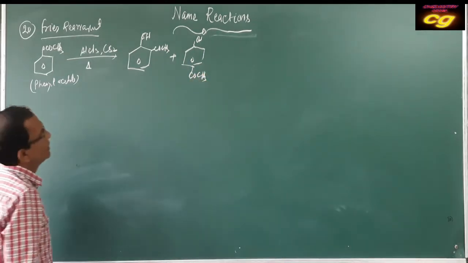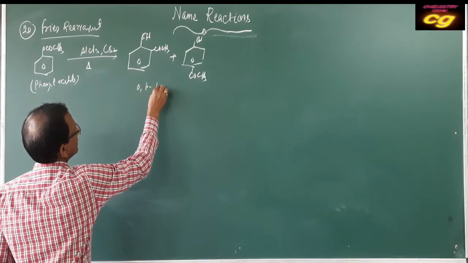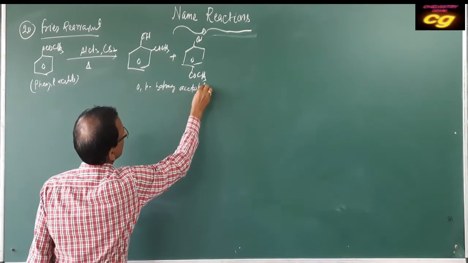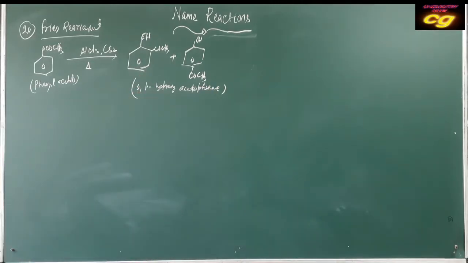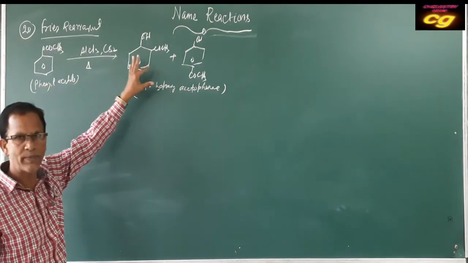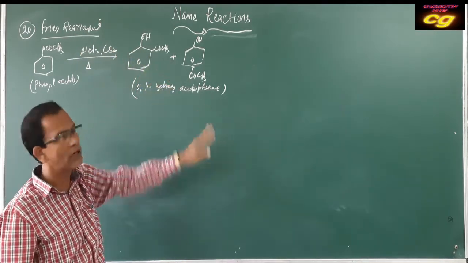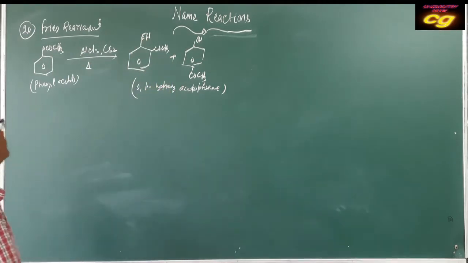That is ortho- and para-hydroxyacetophenone mixture. Okay, phenyl acetate, this ester undergoes rearrangement. That's why it's called rearrangement, meaning change in position, forming ortho and para products. Because the O is there, it is an ortho-para directing group. It is called Fries rearrangement.